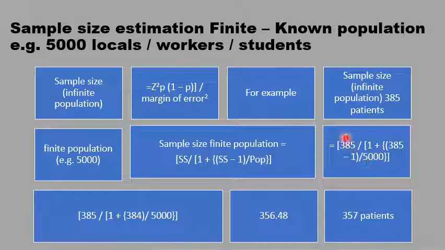And because we are dividing the 385 by this formula, we expect the 385 to be reduced. And this is what happened. We obtain 356.48. That is to say 357 patients are required for the finite population of 5,000 rather than 385 for the infinite population.